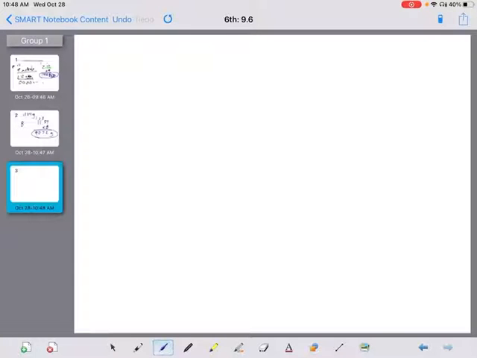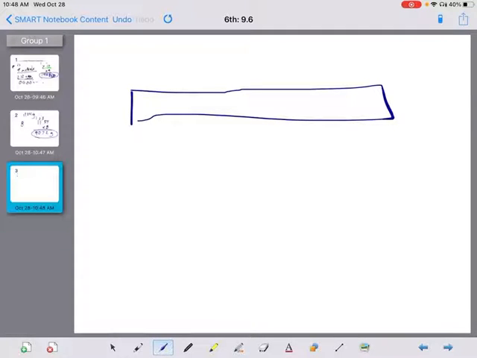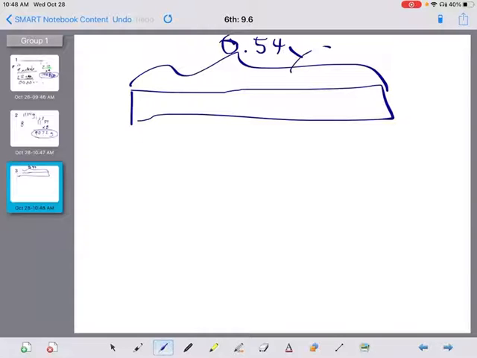So you kind of just have to break it up, because it says you've got a piece of metal that is 6.54 yards long, and it's cut into 2 different pieces. One piece is twice as long as the other.